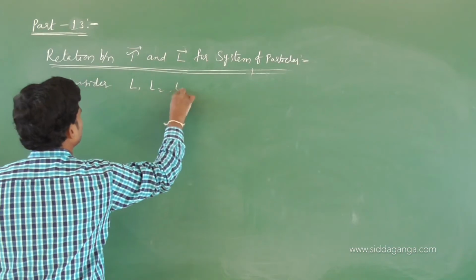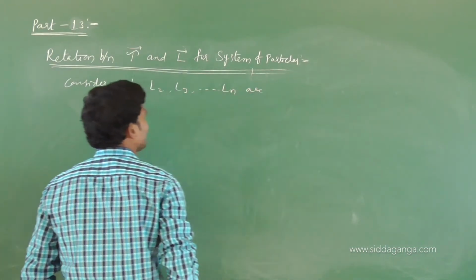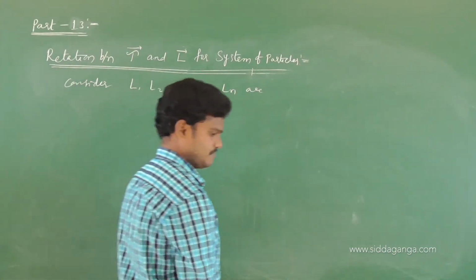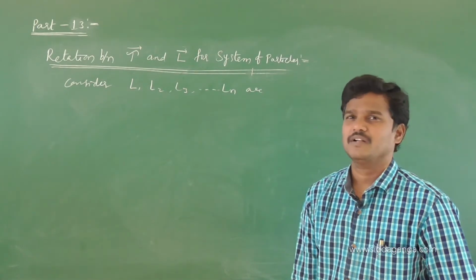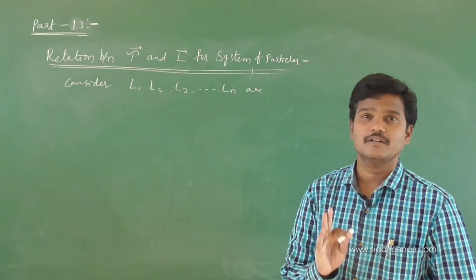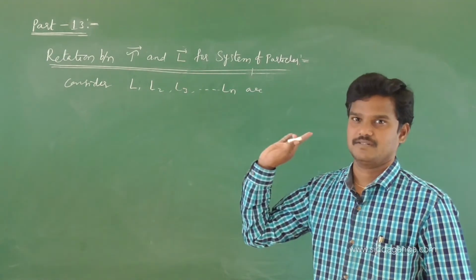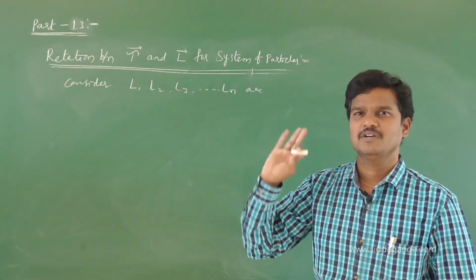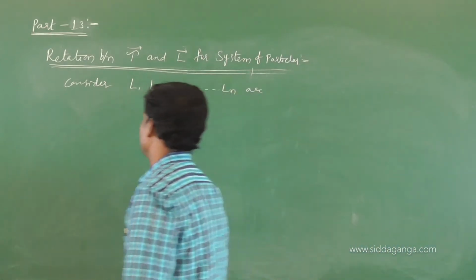Consider L1 bar, L2 bar, L3 bar, so on, Ln bar are the angular momentums of n particles, whose masses are m1, m2, m3, whose velocities are v1, v2, whose distances are r1, r2, like that.